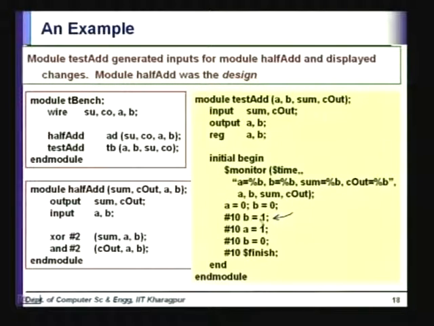So A equal to 0, B equal to 1. And then after another 10 units of time, the value of B is still 1 here, because it has been stored in the register, right. So you are testing for all these 4 test scenarios, and then you are going to $finish.